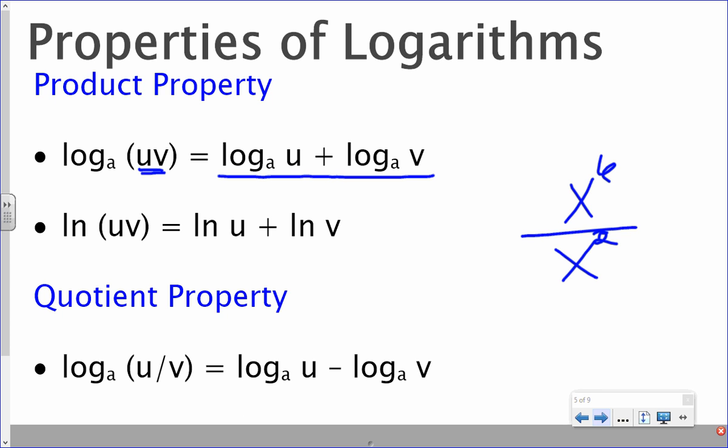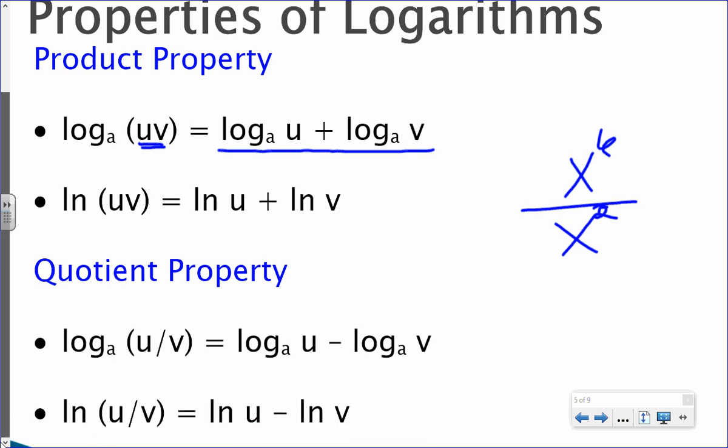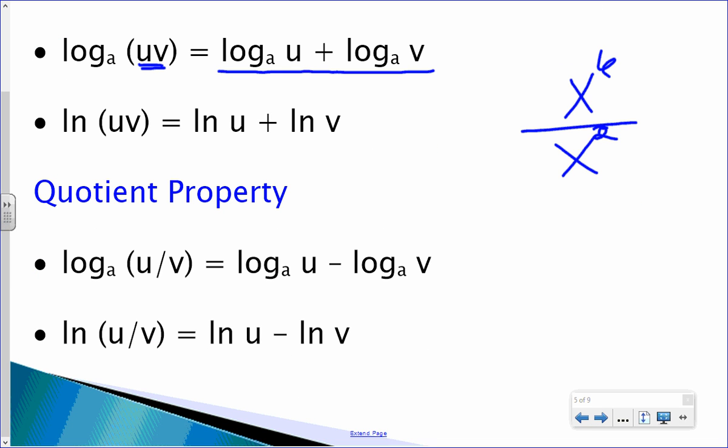So if we have any sort of division inside of our logarithm, okay, so here's our division, then we can write it as the difference of two logarithms, where we have log of the numerator minus log of the denominator. Okay. Notice how the base stays the same. Okay, and we have the same property for an after.